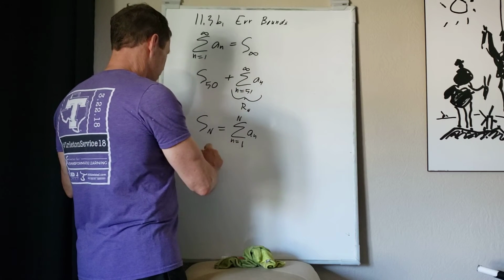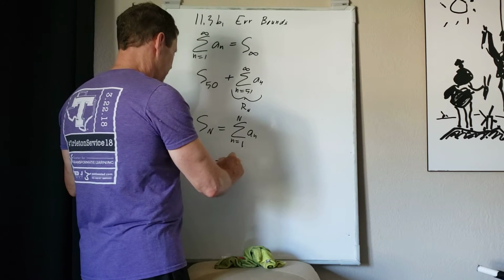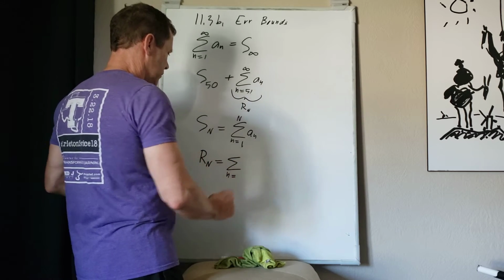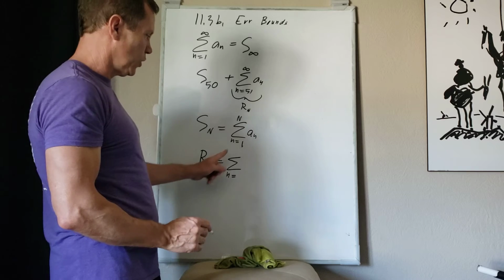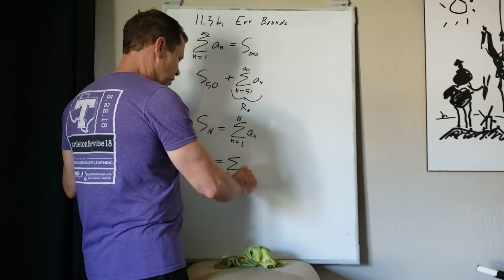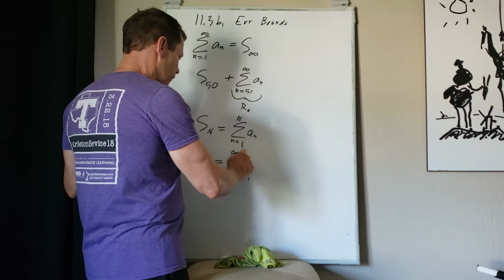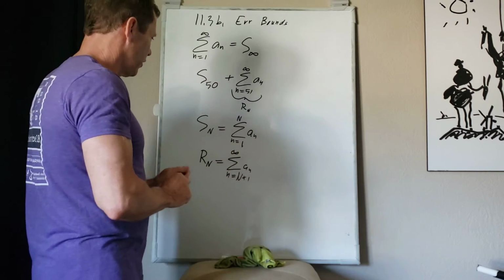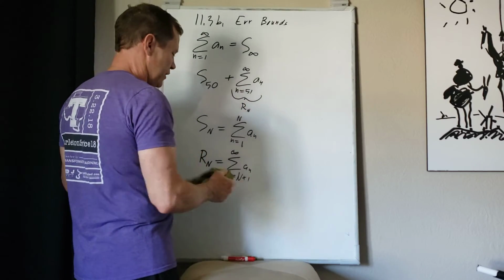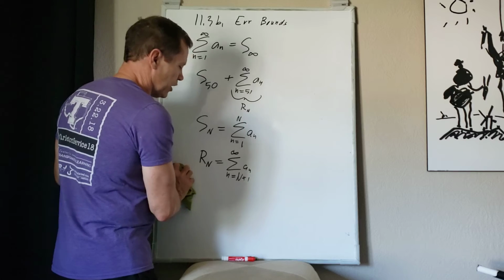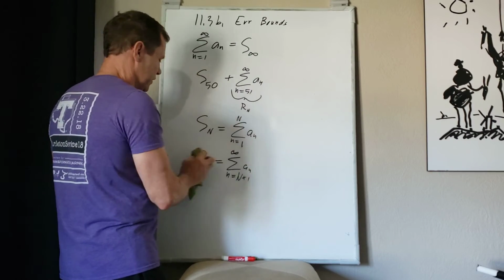Your remainder term, and this is what always screwed me up, little n starts where? Does it start at N? No, it's where you left off. You quit at N, so it's going to start at N plus 1 to infinity of a_n. Okay, so let's rewrite this and get this in our heads, and then we'll do a next video on error bounds, how we're going to use the integral test to help us with this.